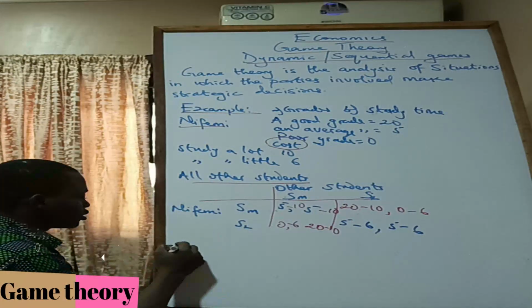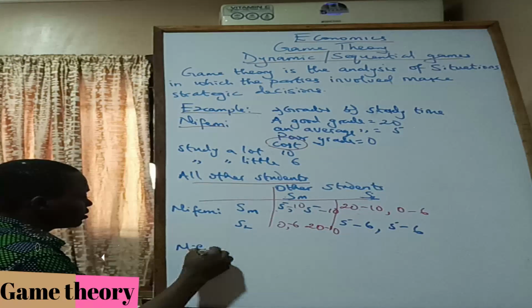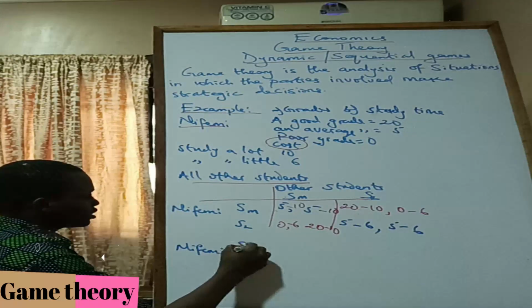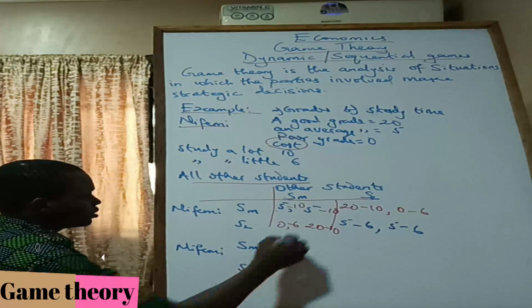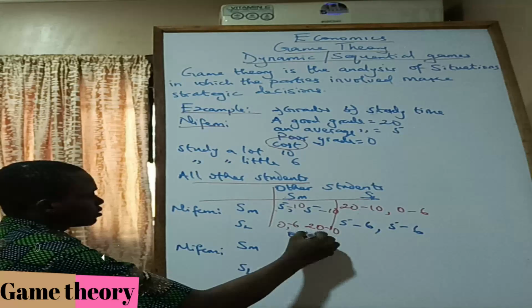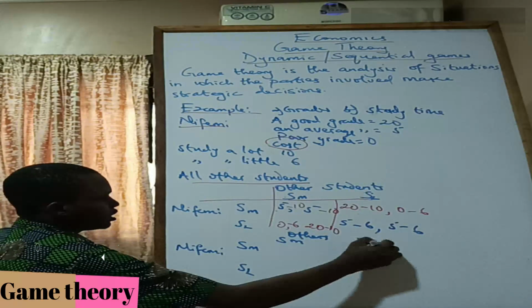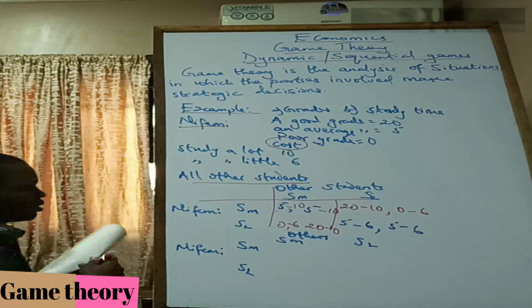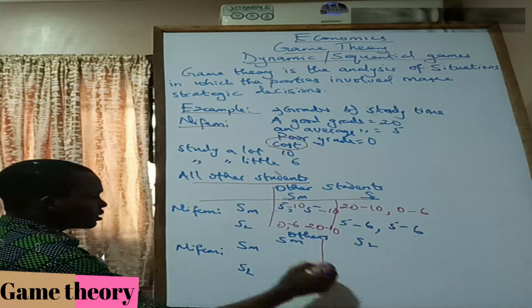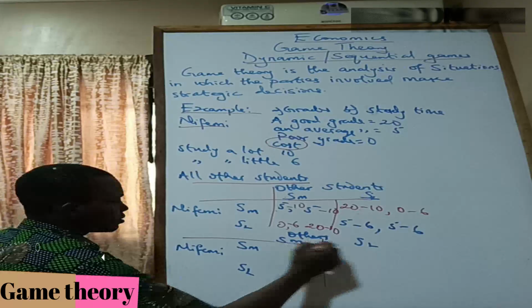payoff matrix. So Nifemi is here, studying much, studying a little. Then you have others study much, then study a little. So we've got this.